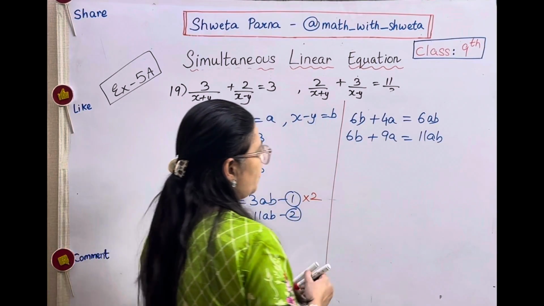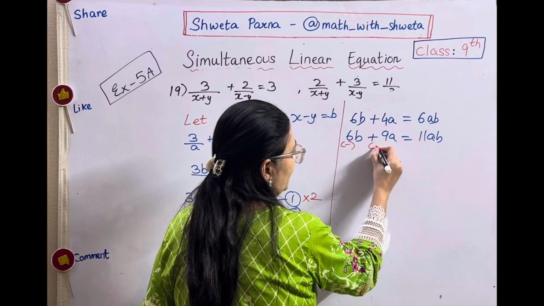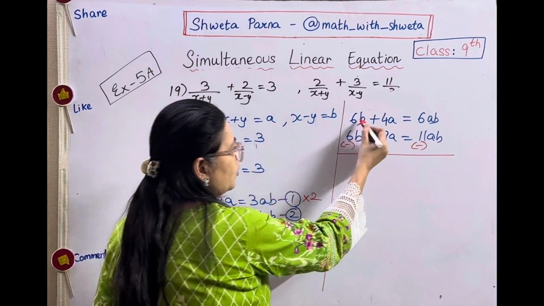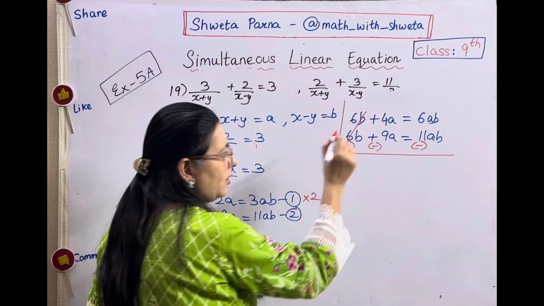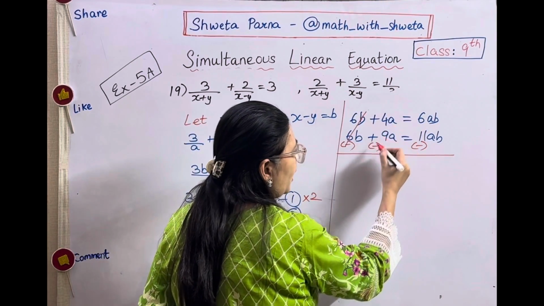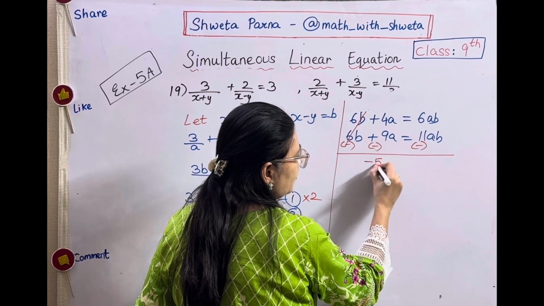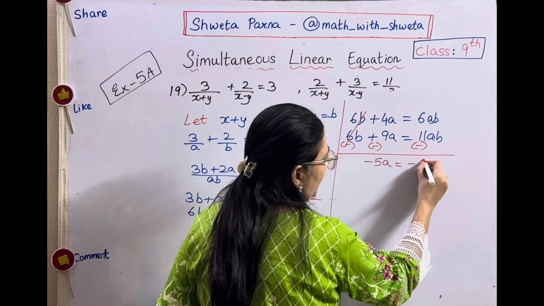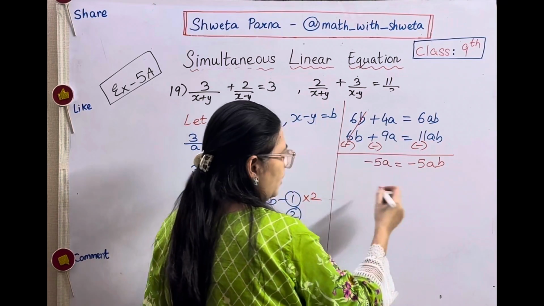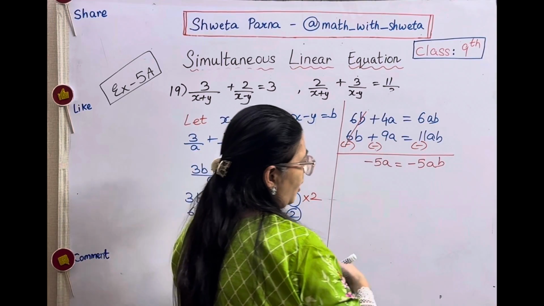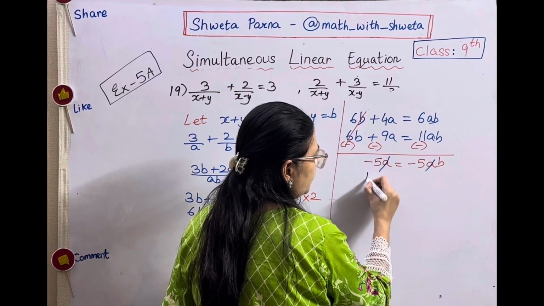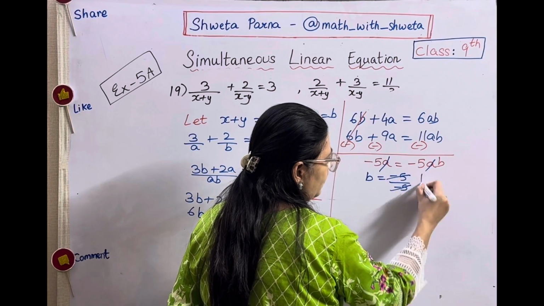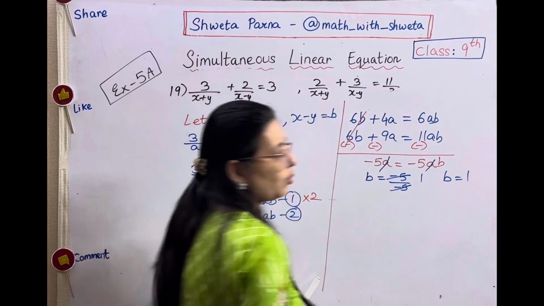When you subtract, the respective signs of the second equation change. Now 6B minus 6B is removed. 4A minus 9A is minus 5A. 6AB minus 11AB is minus 5AB. Now A on both sides, strike it off. So B is equal to minus 5 divided by minus 5, which is 1. So the value of B is 1.